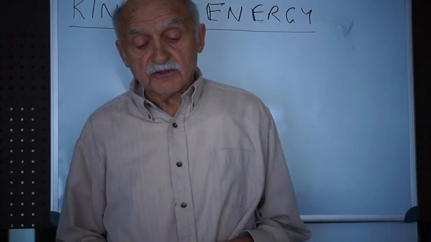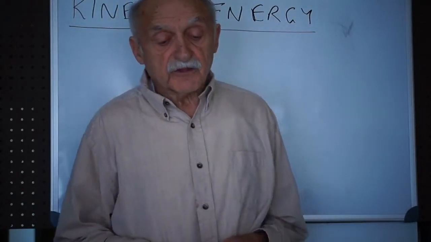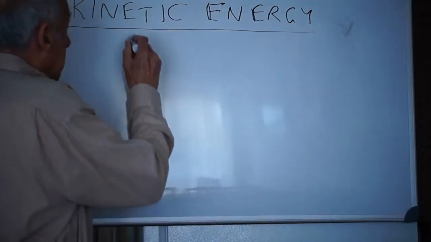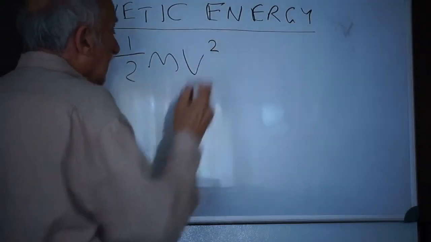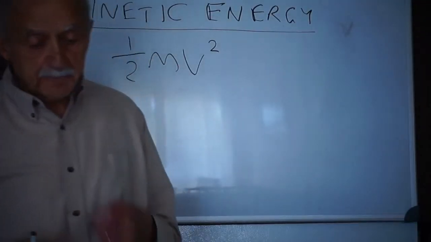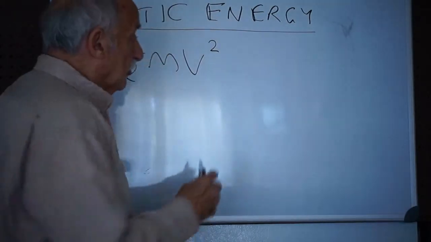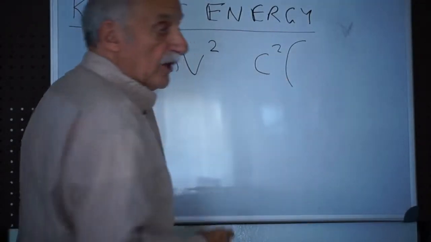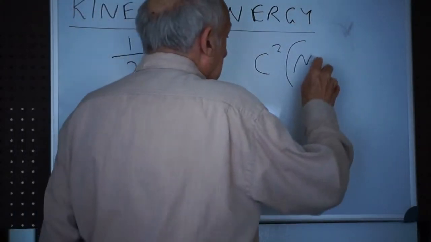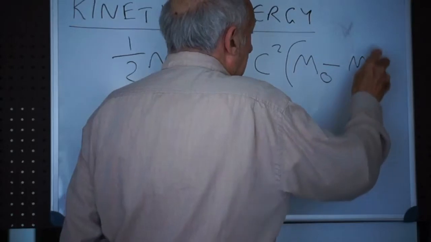And so I'm going to show you the equations and where they come from. So the equation we normally use is half the mass times the velocity squared. But Einstein refined this to c squared, the speed of light squared, times the observed mass minus the actual mass.